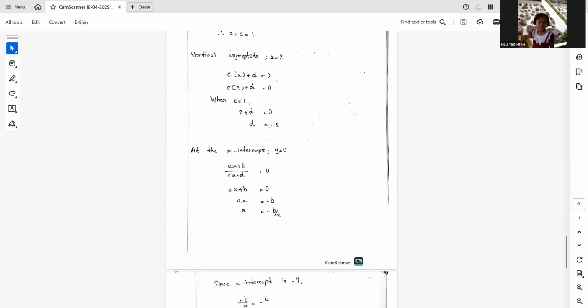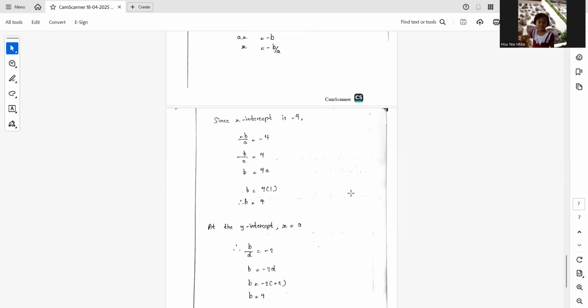At the x-intercept, the value of y is equal to 0. So (ax plus b) over (cx plus d) is equal to 0. This means that ax plus b is equal to 0. Here, ax is equal to -b and x is equal to -b over a.